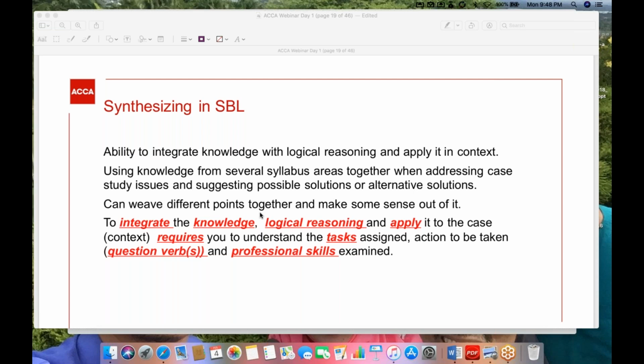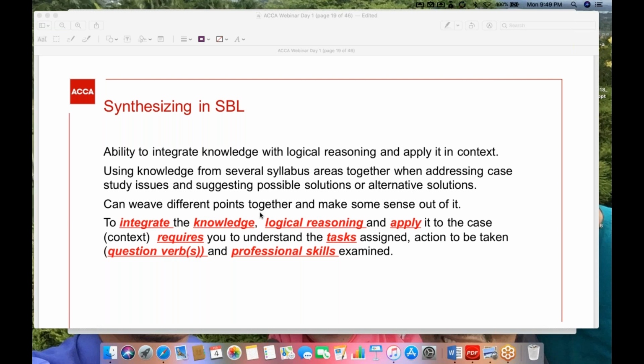My students always tell me, Madam, I have these points here, but I don't know how to put them together. This is something you have to learn. That's why the thinking process and the ability to look at the integration of the topic areas is crucial.